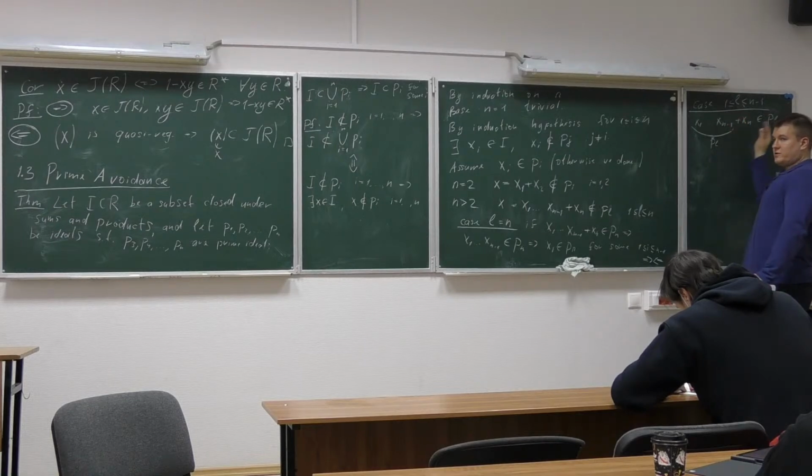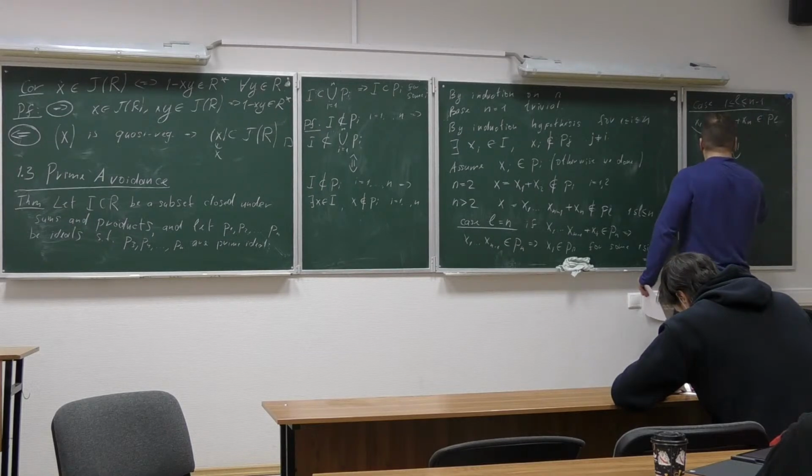Well, this is just because PL is an ideal. But if this is in the PL, and the sum is in the PL, we can conclude that Xn is in the PL, and that's again a contradiction.